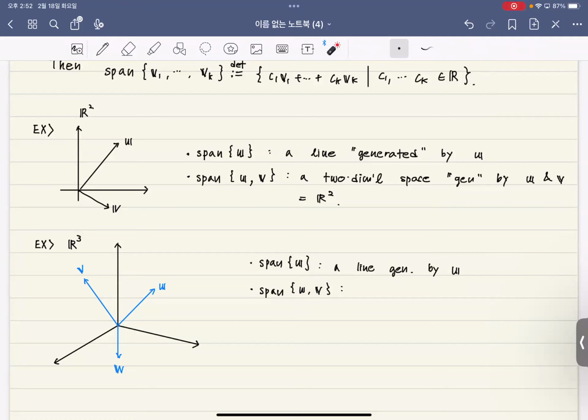Stretch vector u a little bit and stretch vector v another little bit, and add them using the parallelogram law. Then what you have is a two-dimensional plane which is passing through the origin and contains the vectors u and v at the same time. That is going to be the resulting geometric picture of the span of u and v.